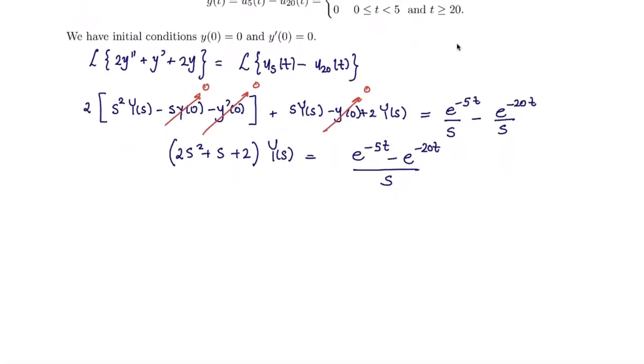Dividing both sides by our characteristic polynomial will give us Y(s) is equal to e to the minus 5s minus e to the minus 20s, all over s times 2s squared plus s plus 2.